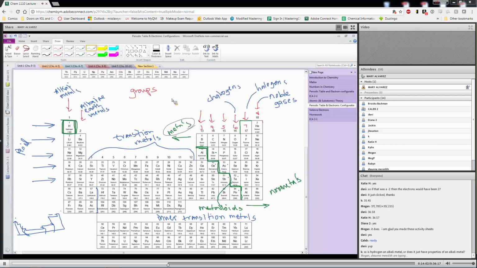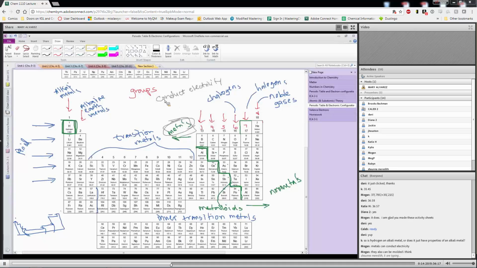You're like, I know that's a metal because why? They conduct electricity, good. I'm just using a different color so we know we're talking about the properties of metals. And what else? They can be molded, good.